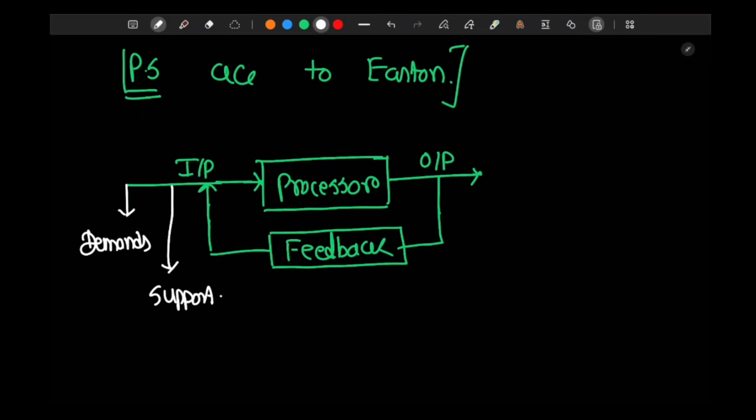What are outputs? First output is policies, and second output is decisions.